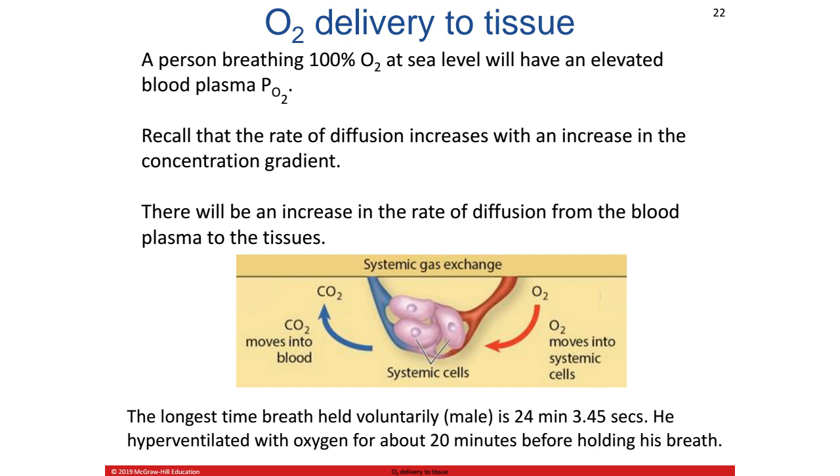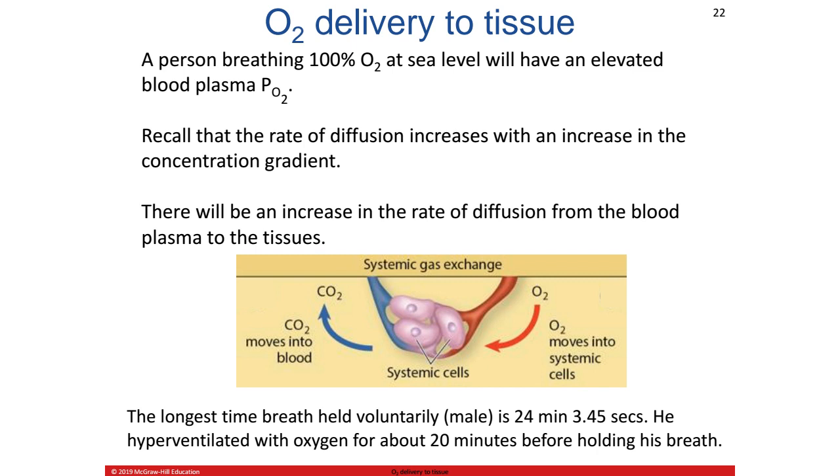But I should just point out that there is a little bit of an argument that perhaps there might be at least a slightly increased rate of diffusion because of this increase in partial pressure of oxygen.